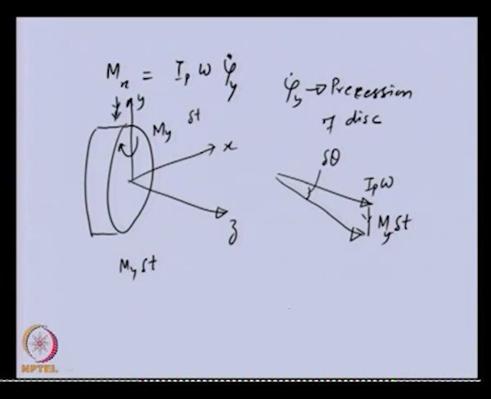So, from this vector diagram we can see that the direction of the change in angular momentum is in the negative y direction, but the tilt is in the positive x direction. So, when we balance this change in angular momentum, it should be negative because it is in the negative direction, and it should be equal to I p omega delta theta.